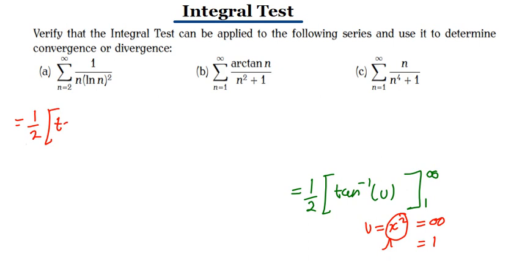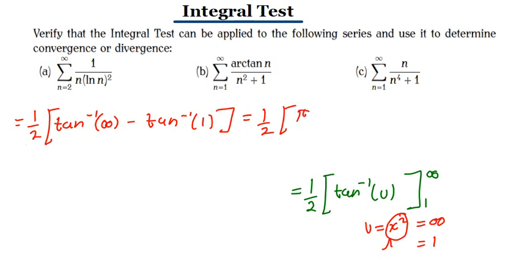So you can say it's tan inverse of u, in this case infinity, that's the upper limit, minus tan inverse of 1, which is the lower limit, and this will be equals to 1 over 2. So we say tan inverse of infinity is 90 degrees, which is pi over 2, minus pi over 4. Okay, so this is 1 over 2, so that would be 2 pi minus pi divided by 4.